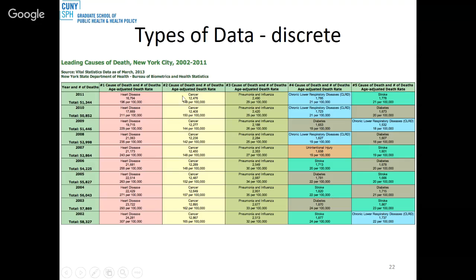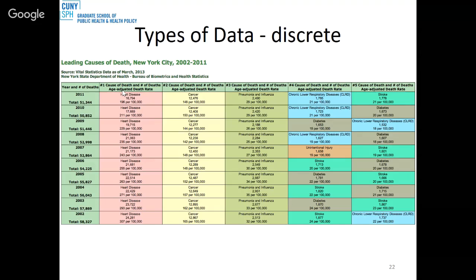This is a little bit hard to see here, but I only wanted to point out that this discreteness becomes less important as we get to larger and larger numbers.